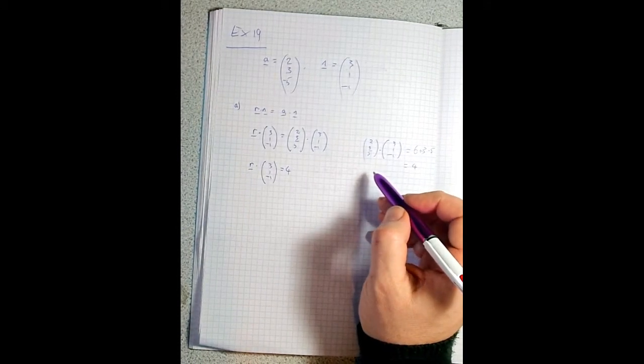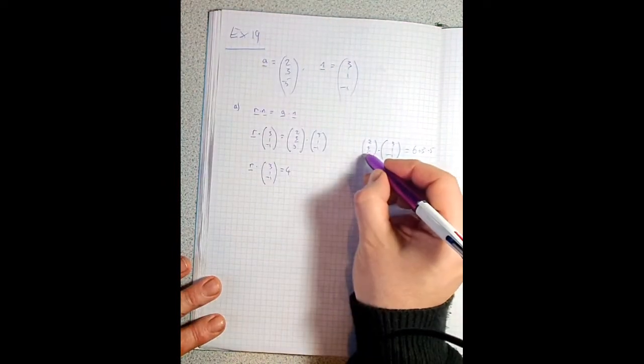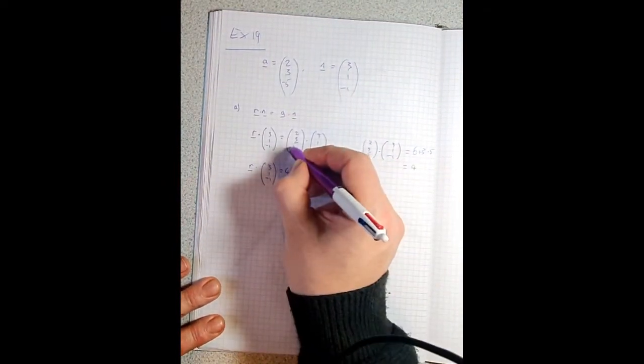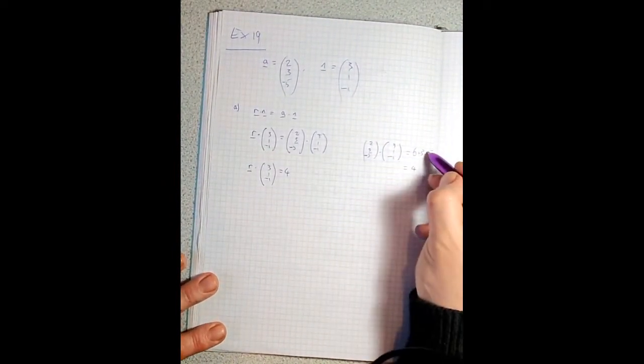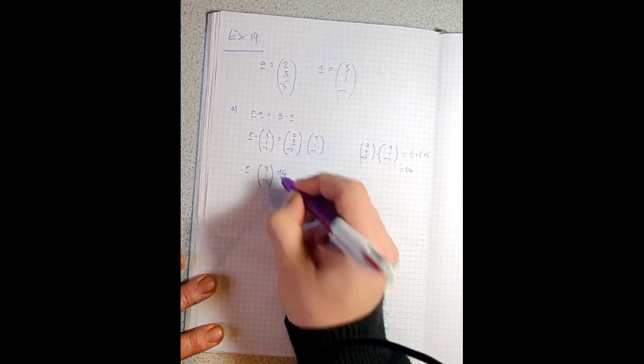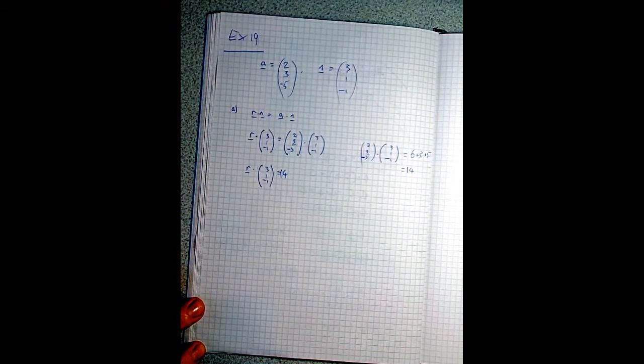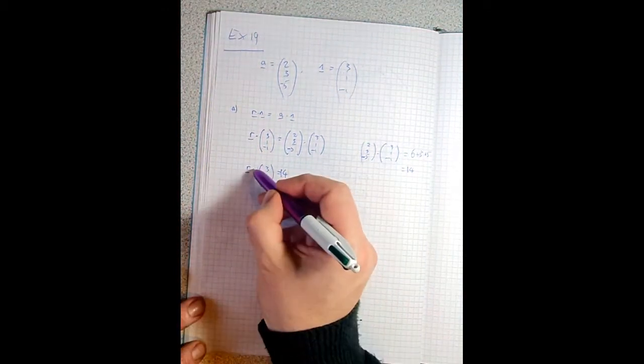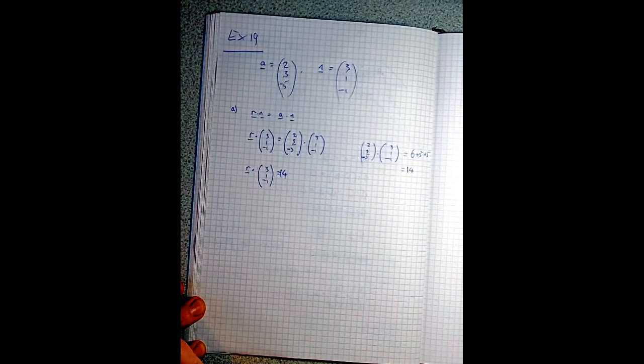Have I done that correctly? No, I haven't. It's minus 5 times minus 1. So it's plus 5. So it's 14. That's better. So that's much easier. Well, it's not easier. It's just more efficient, I guess.